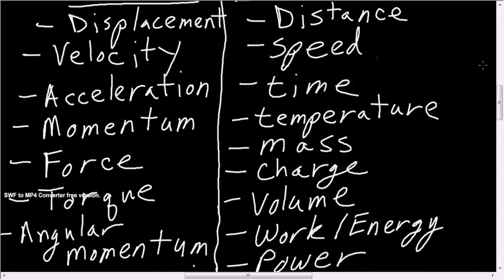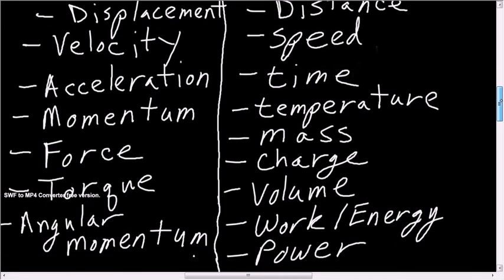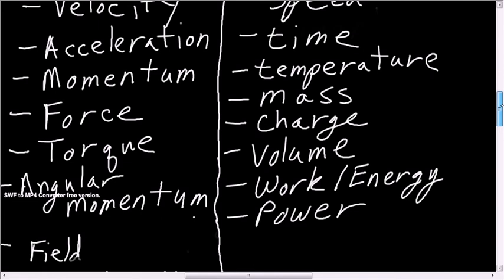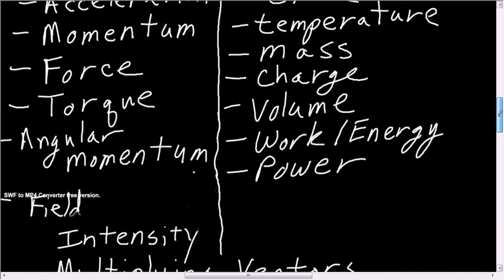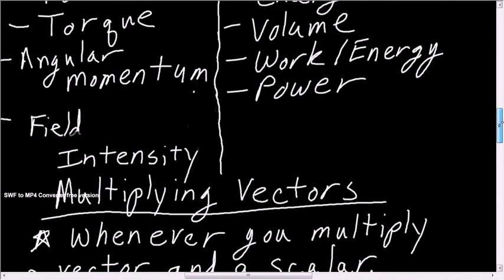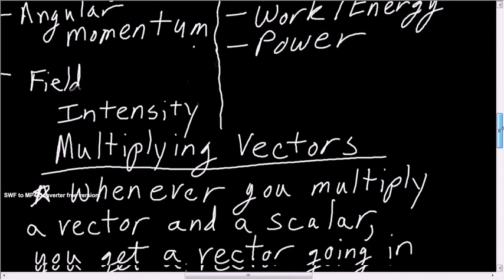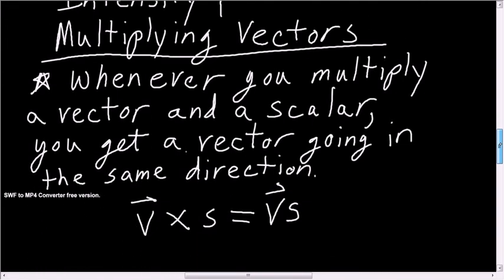Velocity is how we talk about how quickly an object is going and its direction. Acceleration is also a vector quantity. I'm not going to read through all these. Just going to scroll through it so you can see them all.